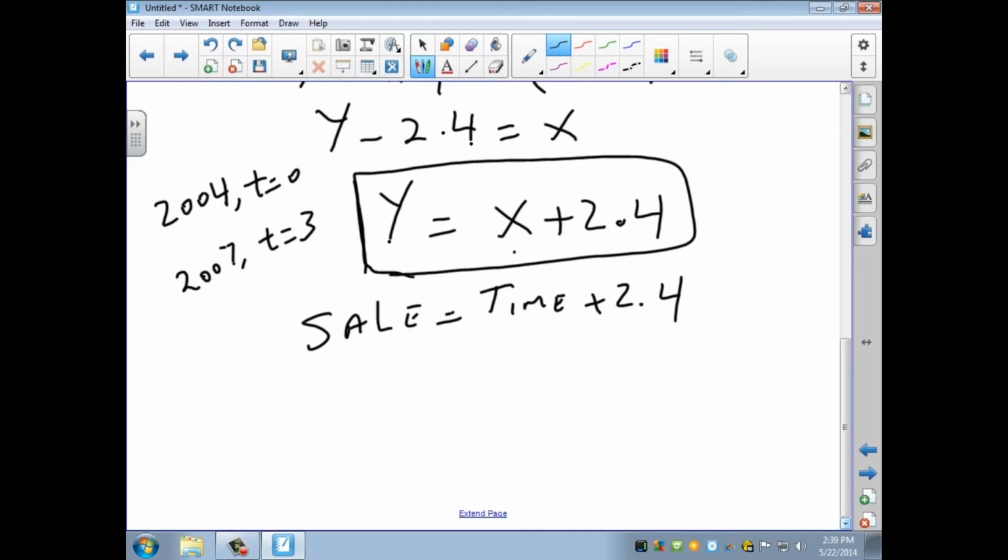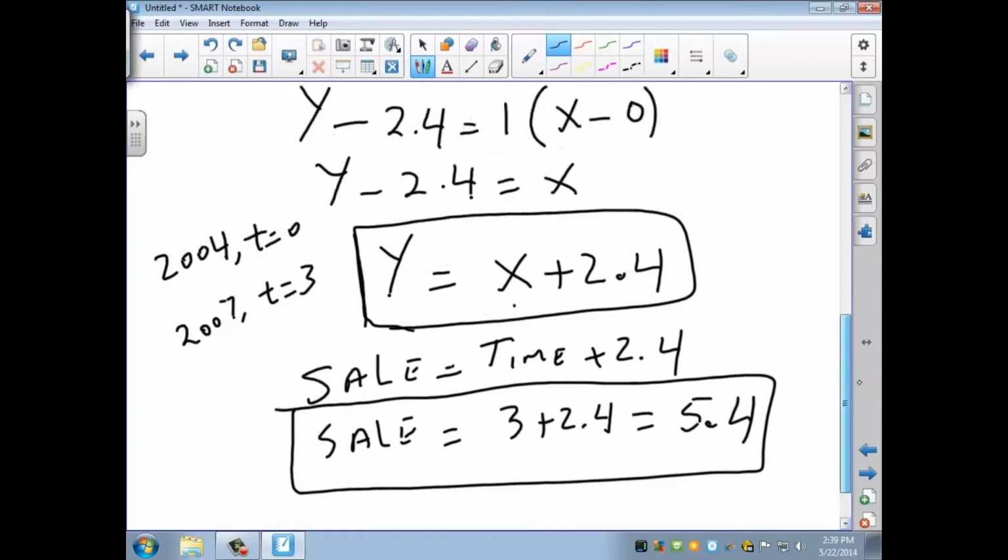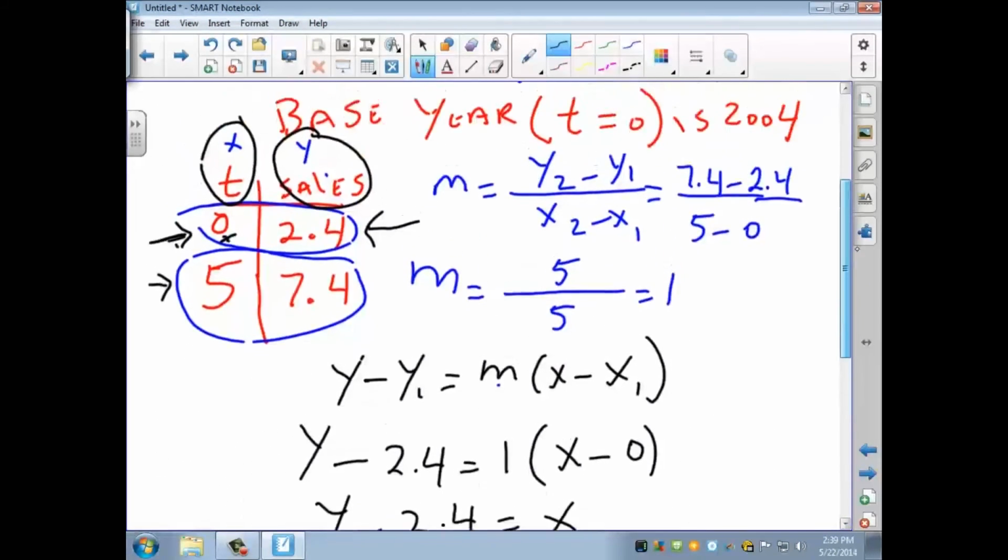So sales in 2007 would be equal to 3 plus 2.4, which means it is equal to 5.4. So that's how you find the equation that shows a relationship.